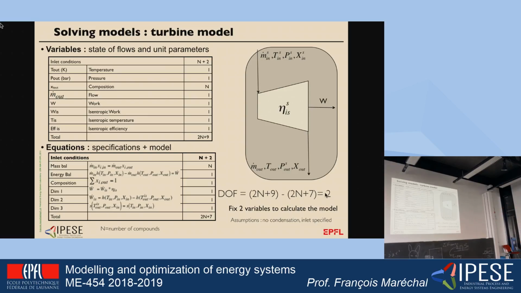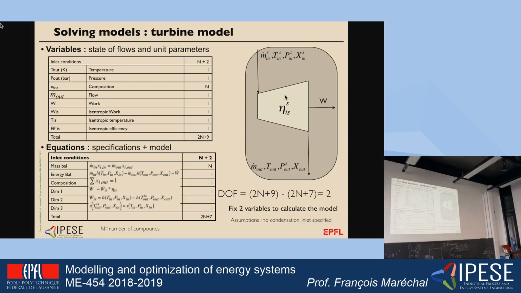I have to fix the pressure at the outlet, and I have to fix the isentropic efficiency. Okay, if everything in the inlet is known. By the way, if I consider that I fix the temperature here, then the isentropic efficiency can be calculated.